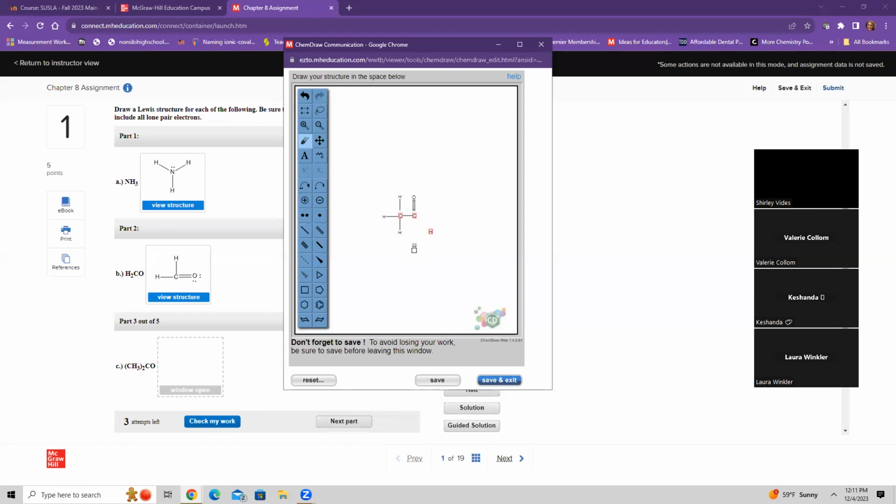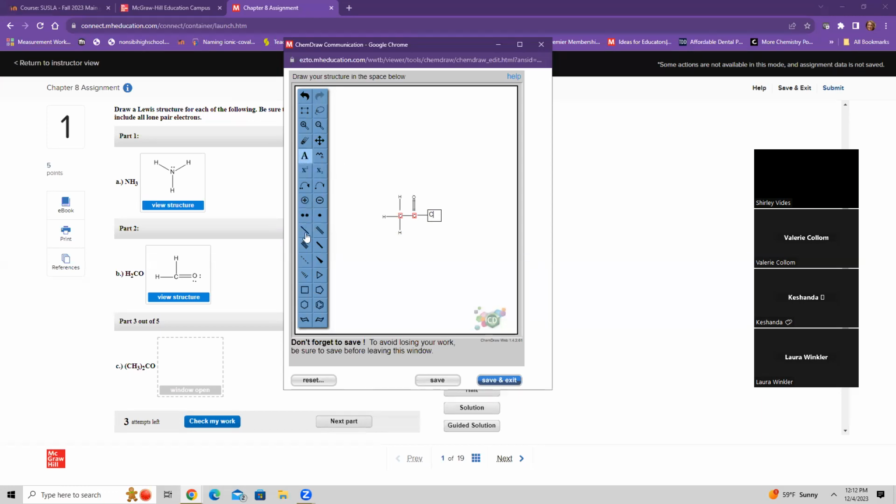So you can erase them and just move it. I'm going to move it to the other side so it doesn't get encumbered by that one. And then there's another C there. Yep, there we go. C there, and H3 again.